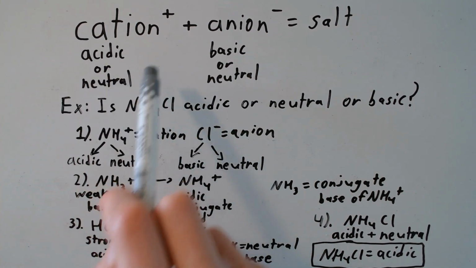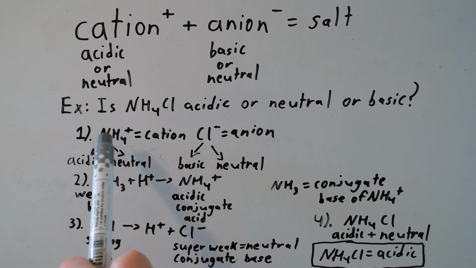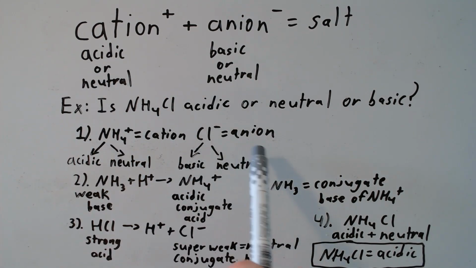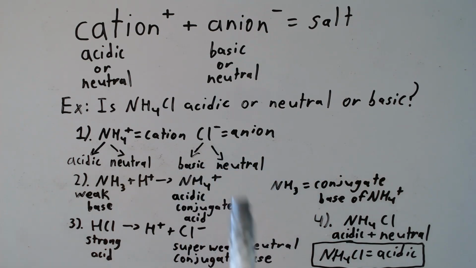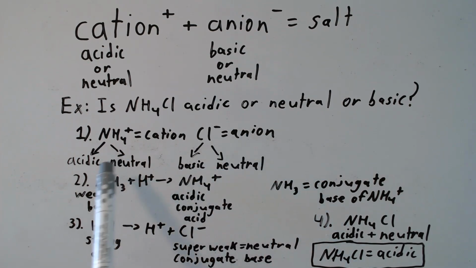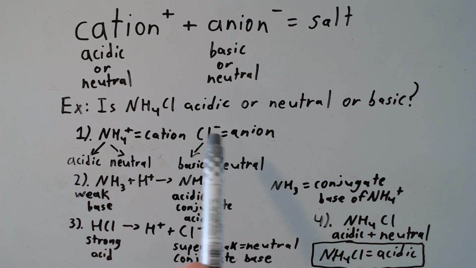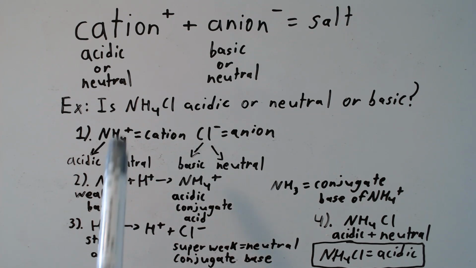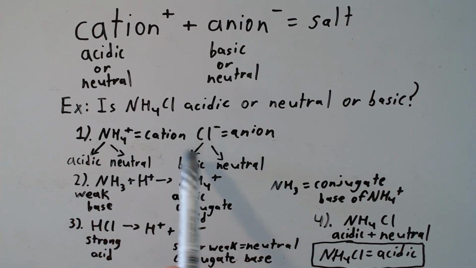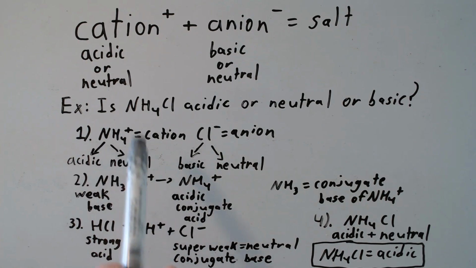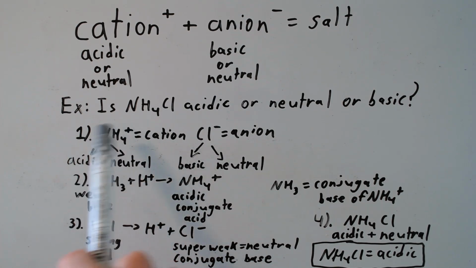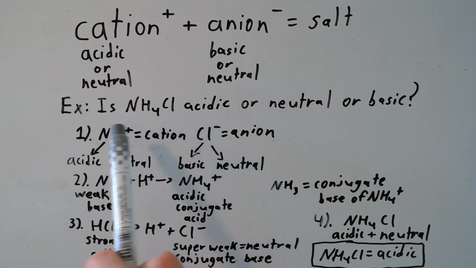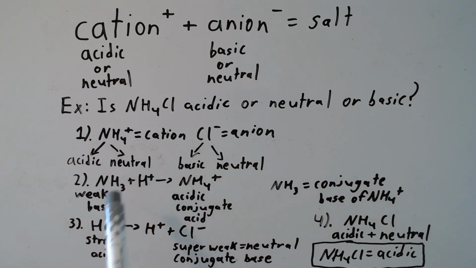Now we know from our first rule that the cation can either be acidic or neutral, and the anion can either be basic or neutral. We need to figure out which of these two each of these ions is. The way we do that is we analyze the conjugate relationships in these ions. We need to see which substance could have produced these ions to see whether they are acidic, basic, or neutral.